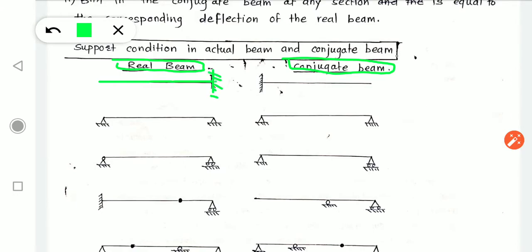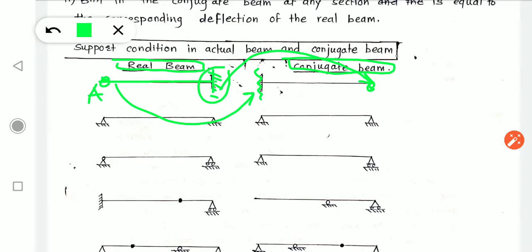From here we get to know that the free end of the cantilever, let's name it A, turns into the fixed end, and the fixed end turns into the free end.